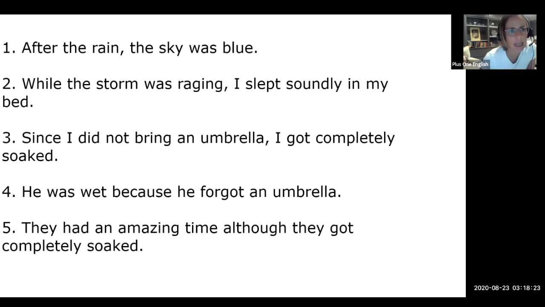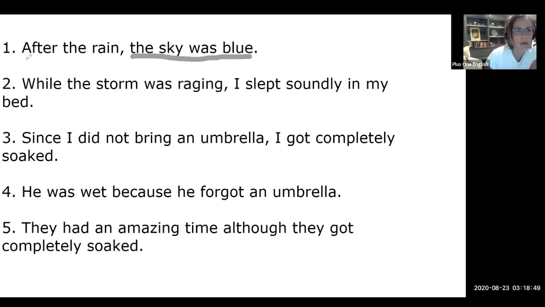So let's look at number 1. After the rain, the sky was blue. So the first thing that we're going to do is identify the mommy clause or the independent clause. And that's right here. The sky was blue. That's a complete sentence. We have the sky as the subject and was blue as the verb and the object.